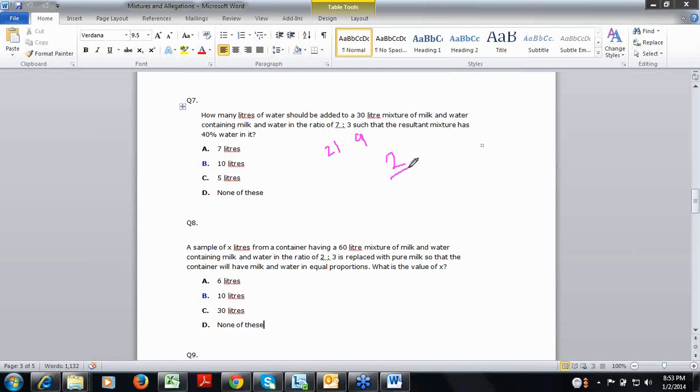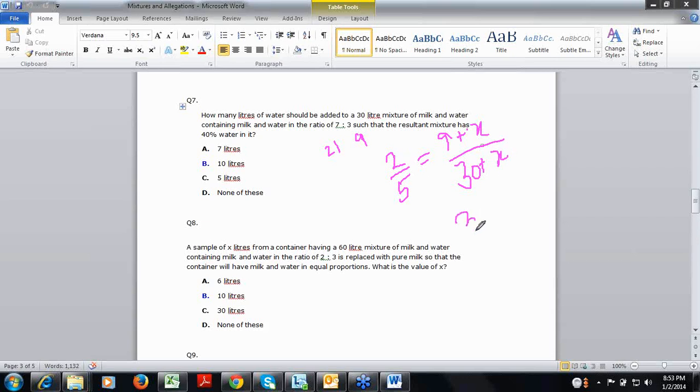Resultant has 40% water in it. So 2 by 5 is the total water content, which is equal to 9 plus X, where X is the quantity of water that needs to be added, upon 30 plus X. Now solve this equation. So 5X, 2X.